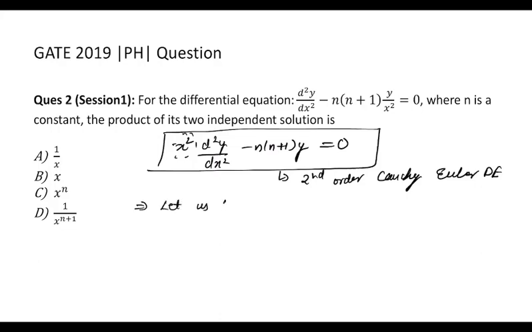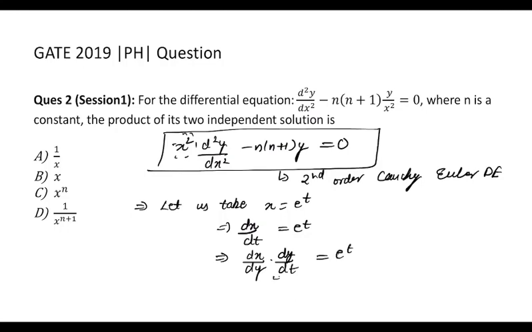So let us take a new variable t, such that x is equal to e to the power t. Therefore, dx by dt will be exponential t, and we can invoke chain rule and write dx by dt as dx by dy times dy by dt, which is equal to exponential t.